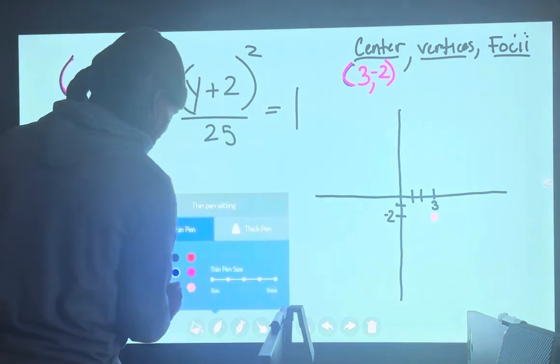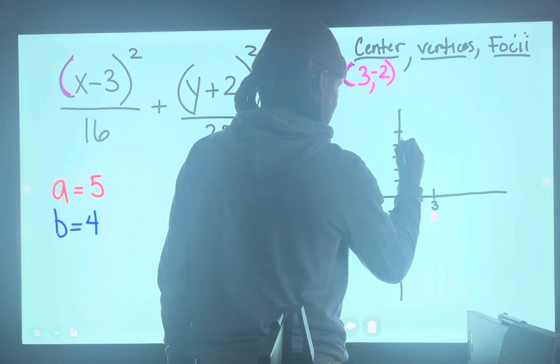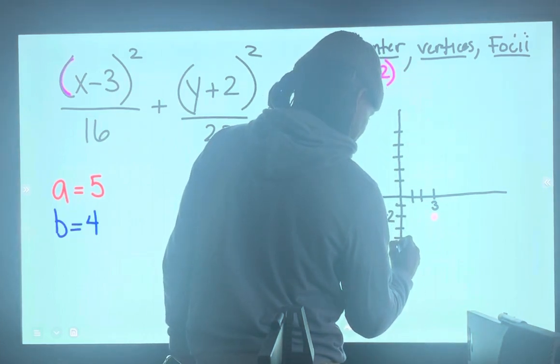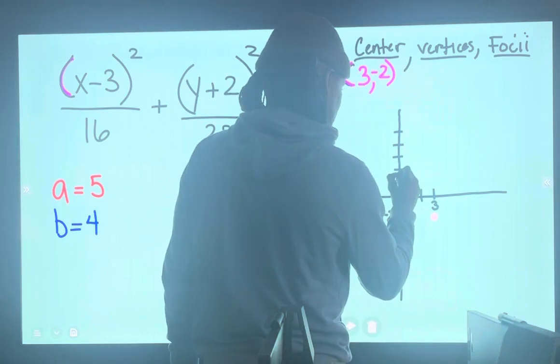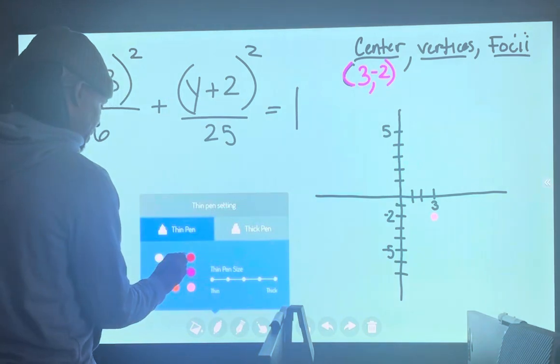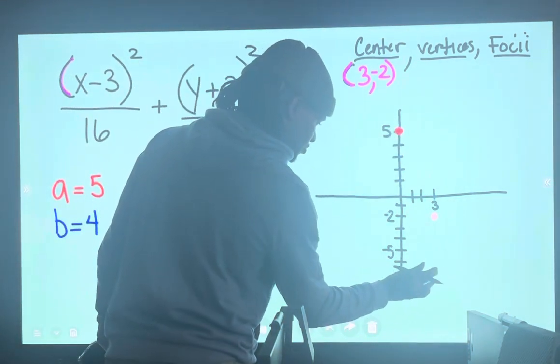So go to your graph. 1, 2, 3, 4, 5. So your major axis.